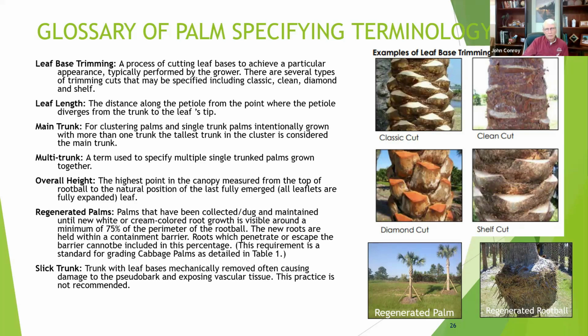Regenerated palms. Okay, a whole new can of worms here. We use it for the sabal palms, for the cabbage palms, because they're collected out of the wild, and in doing so, we cut a lot of the roots off, and reducing the root mass by the measure that is typically done there puts that palm under a lot of stress.